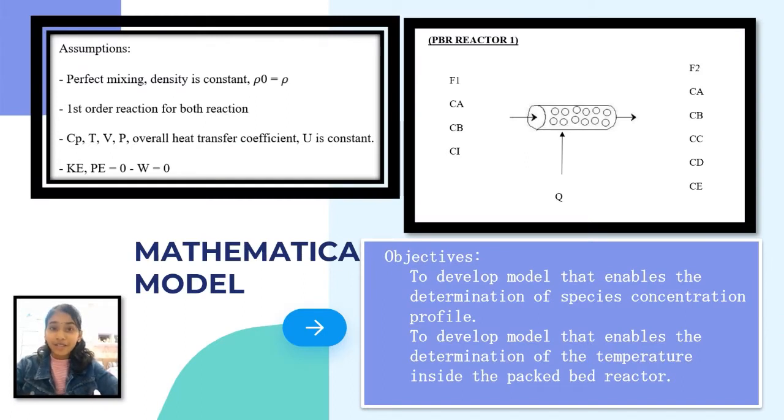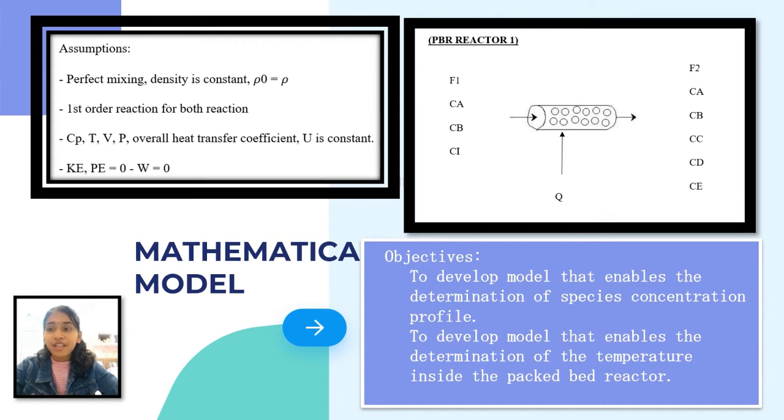Here you can see our very first mathematical model that we have designed for this process. Since we would be using 2 PBR reactors, which means that we have 2 PFRs, the first one is shown in the slide.